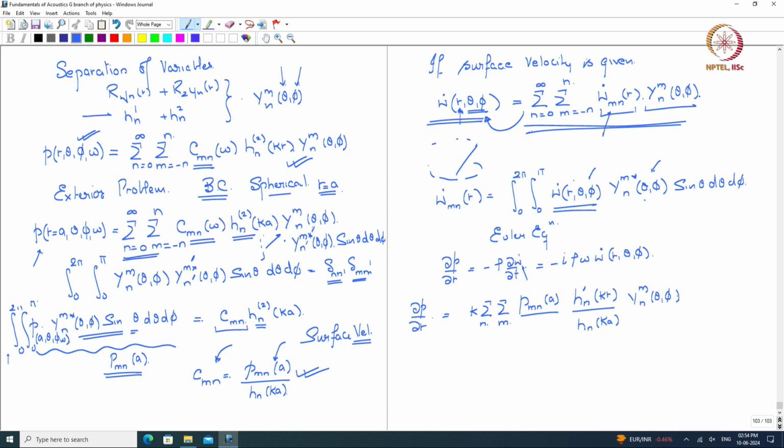Okay, I have differentiated this expression with respect to r, so the Hankel function goes to a derivative. This Cmn I have found from here.